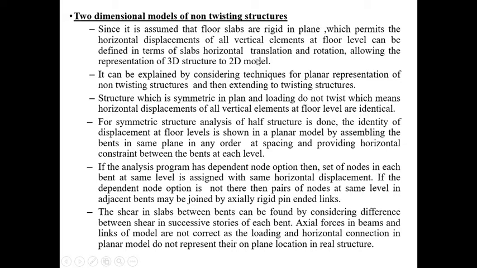Because of this assumption where we consider the slab as rigid, which allows horizontal displacement of the vertical elements, that is the columns, the slab will have horizontal translation and rotation, which allows representation of the 3D structure as a 2D model.